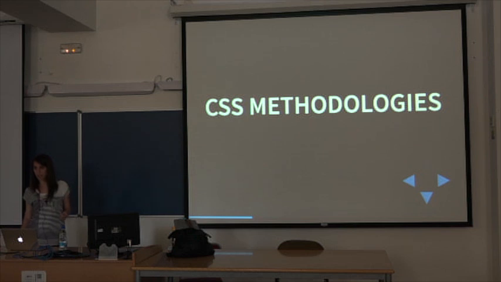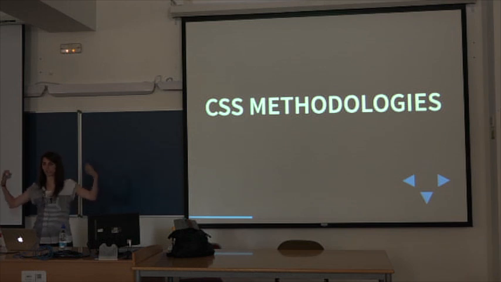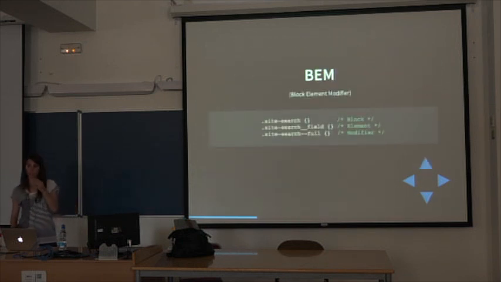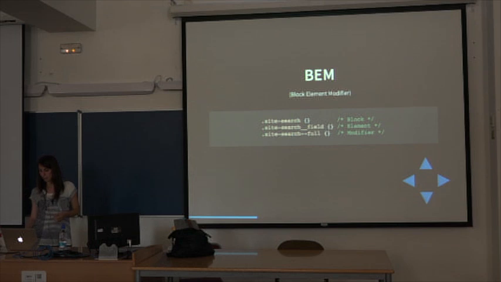For example, BEM, SMACSS, object-oriented CSS, those are methodologies that try to plan responsive, scalable and maintainable front-end code to be able to use in big projects and not repeat a lot of things. For example, BEM, I don't know if you already know it. It's a naming convention that tries to abstract the names that you give to things.